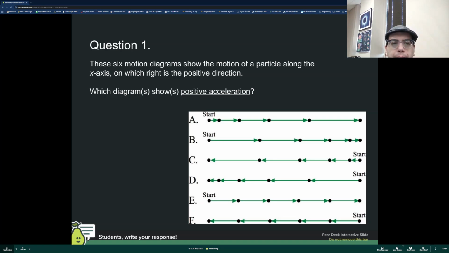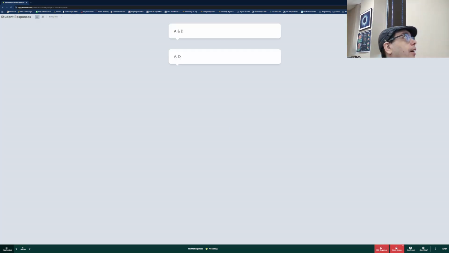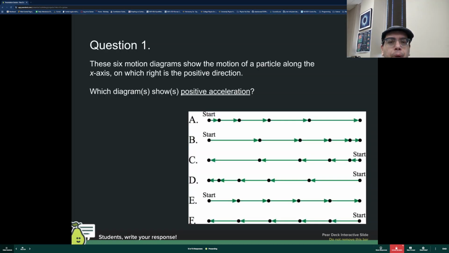So I think everyone has their answers in. So here are the correct answers. Pretty much everyone included A. So first of all, based on the dots, is A speeding up, slowing down, or going constant speed? Speeding up.